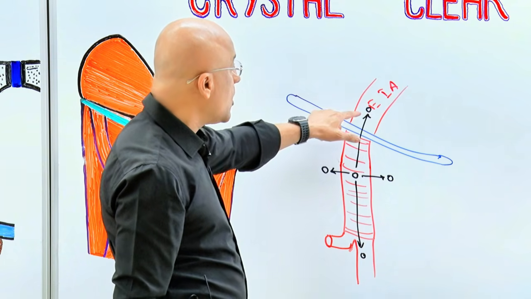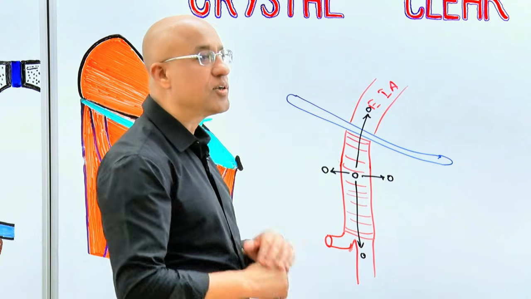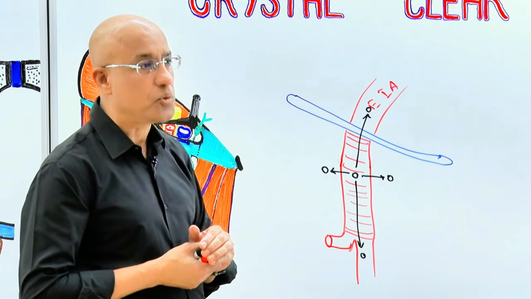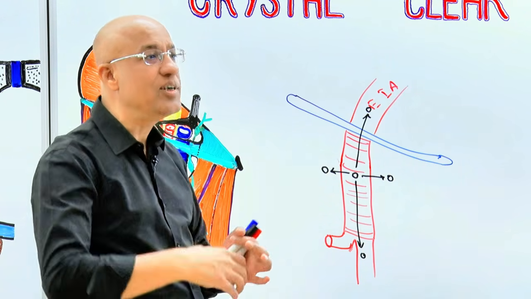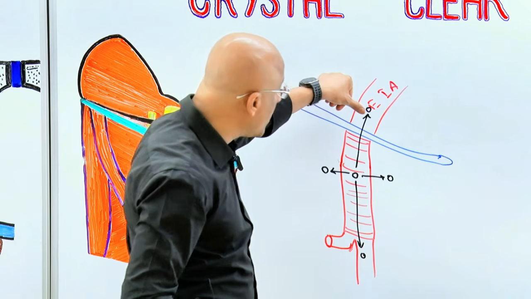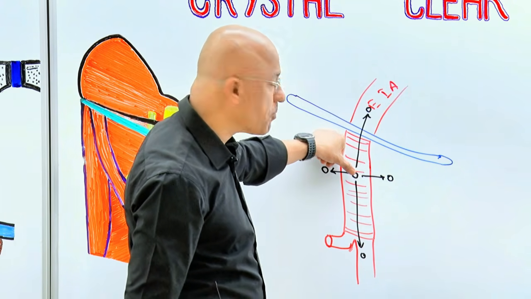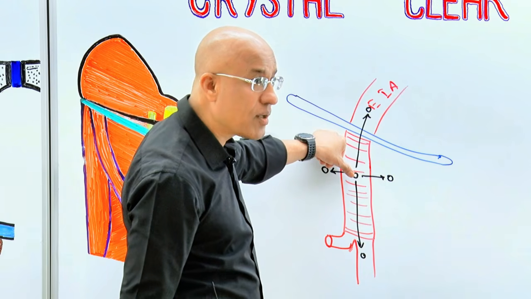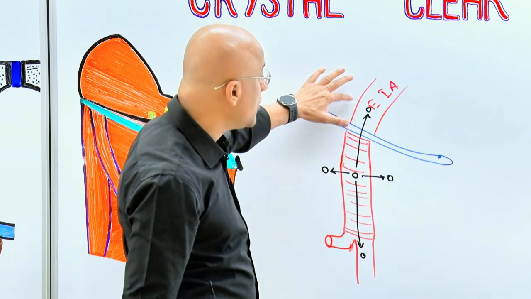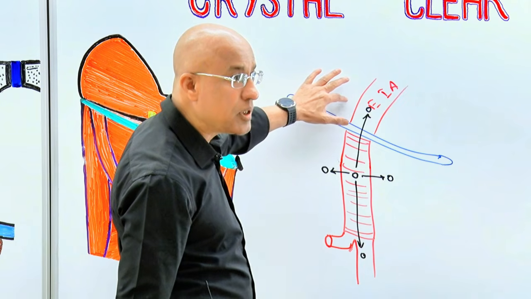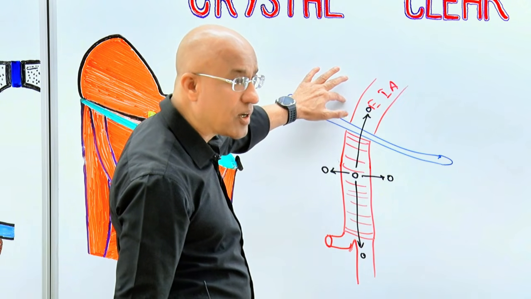This is one risk. When you puncture the external iliac artery, there are some very serious issues. When you withdraw the needle, you cannot compress it. The common femoral part can be compressed against the head of the femur, but there is no bone immediately below the external iliac artery.